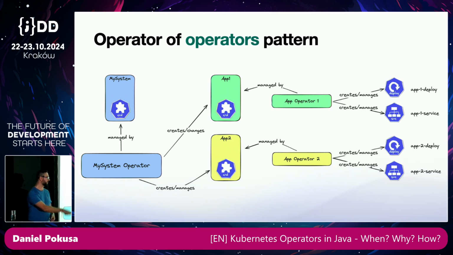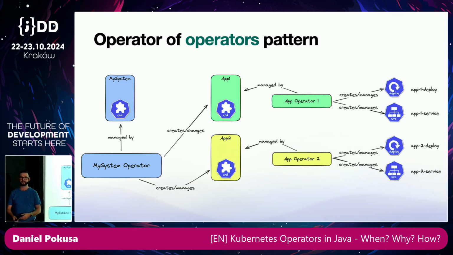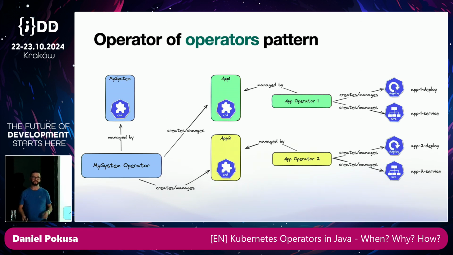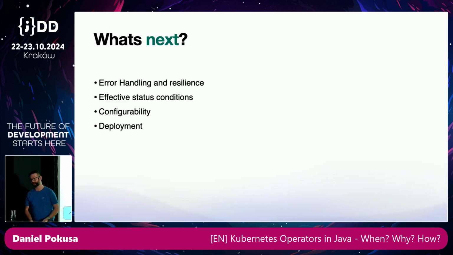So if you create multiple of them, then you can create something like a my system operator with one shared configuration with all the pieces and all the defaults that you want to apply. And this will create the CRDs. It will not create these pieces itself. It will create the additional CRDs, and that way your system will just come to life, and you can have any kind of complex system installed just by one YAML file. How cool is that, and how difficult to achieve?